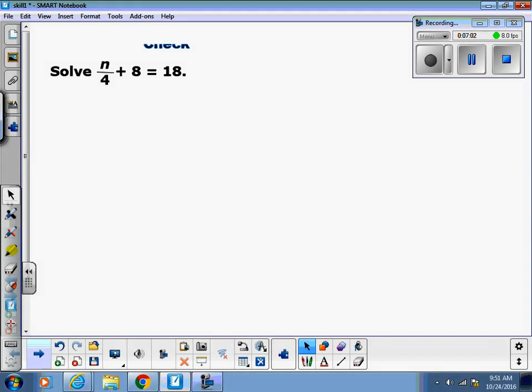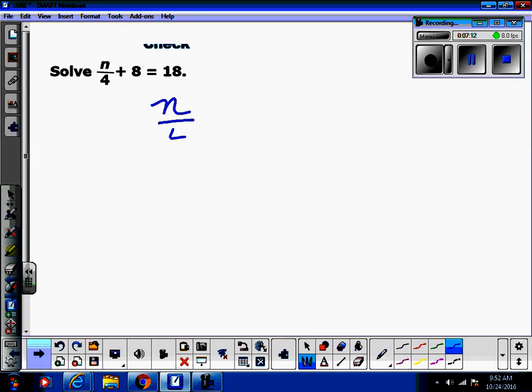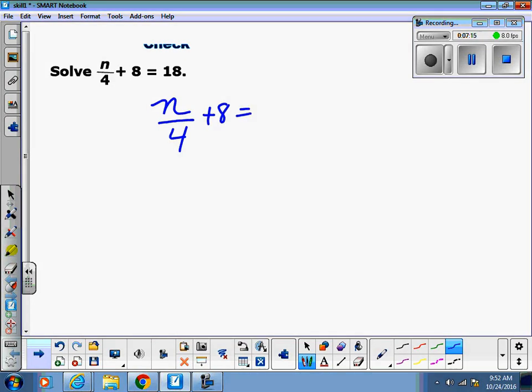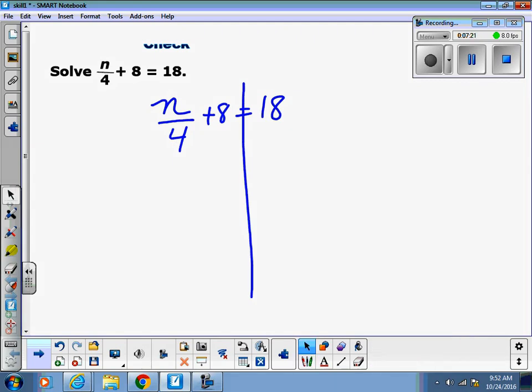Okay, here's another one. Go ahead and try this yourself. Pause it. All right, so here we have n divided by 4 plus 8 equals 18. Separate so you can clearly see the two lines.